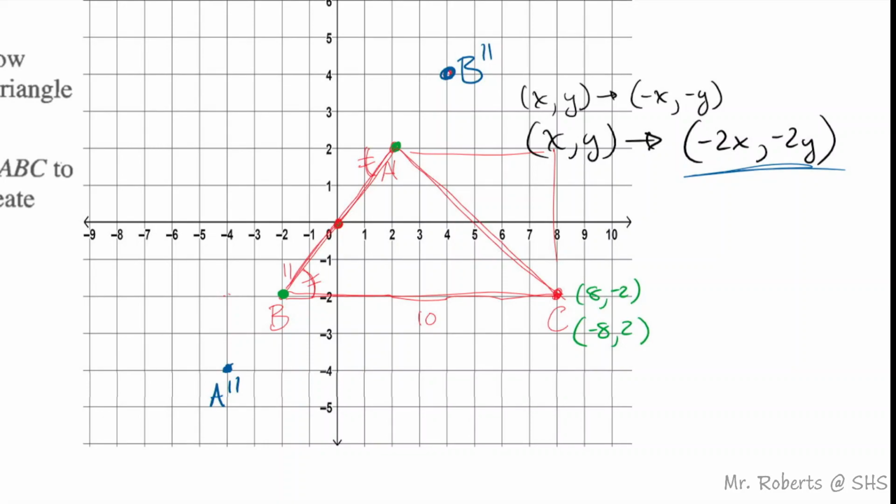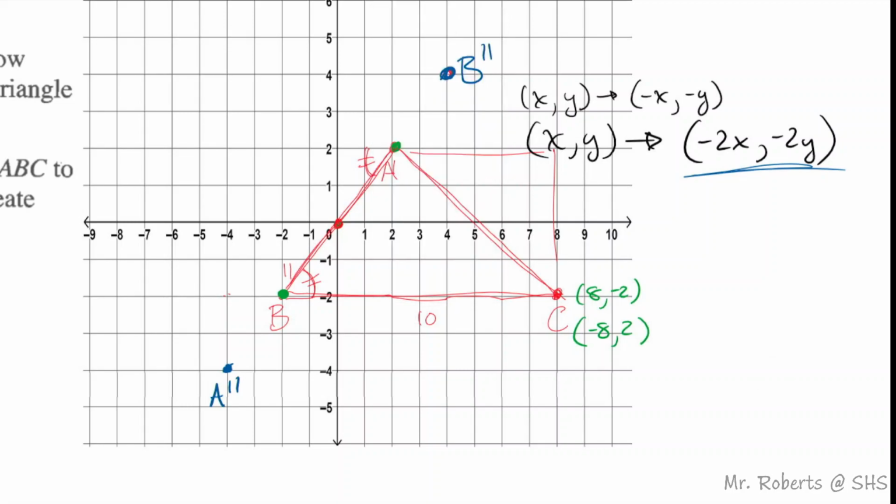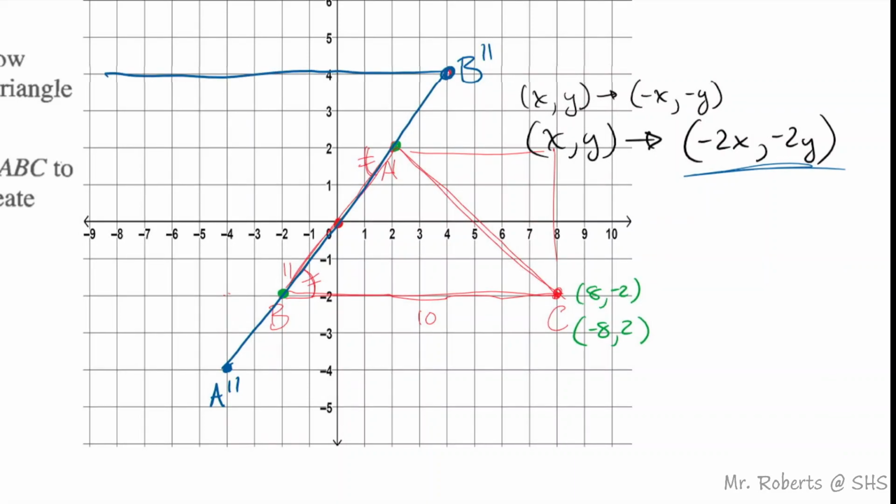And then C is going to be a problem for me because it's going to have to go to -16, 4. So if I was going to sketch this, part of the triangle is this side, clearly, right? Part of it is this line, but this has to go all the way out to 16. And then this other one has to go this way too, but they have to hit that 16.